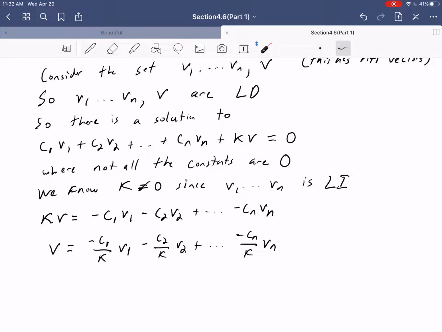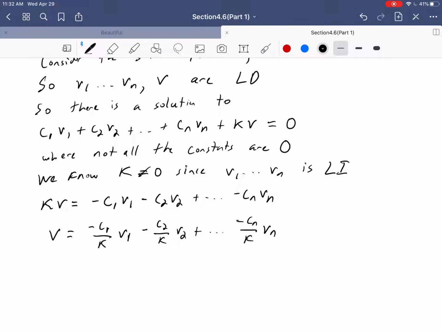And that's exactly what we wanted, because each of these is a constant, and this shows us that V is a linear combination of V1, V2 through Vn. So V is in the span of V1 through Vn.